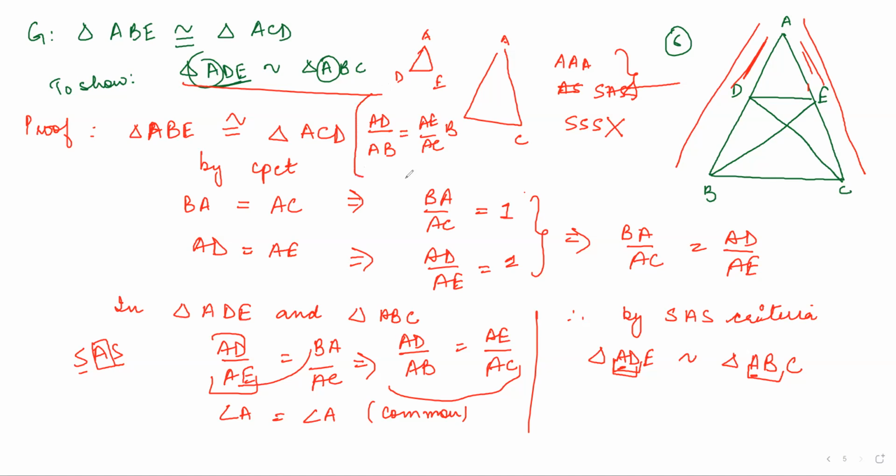So that's how we write the proportionality: this side is in proportion to this one, and then this side is in proportion to this one. Actually, these two were of the same triangle, so I've just rearranged it. I have brought AB here and AE here.